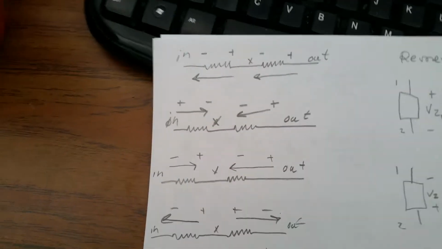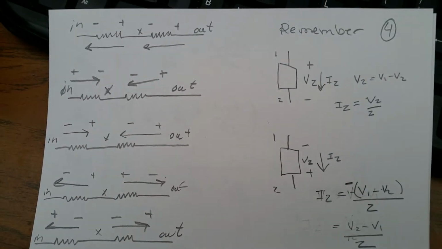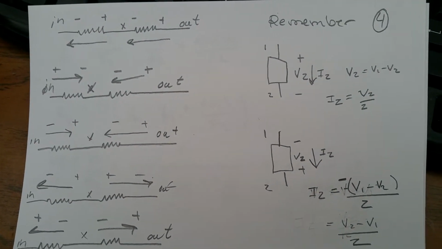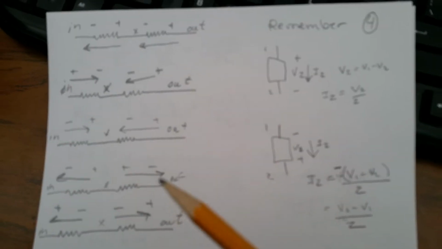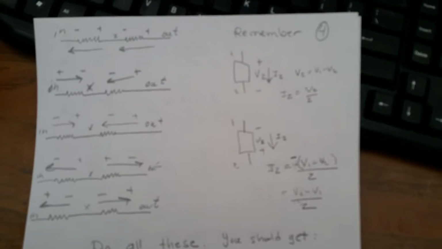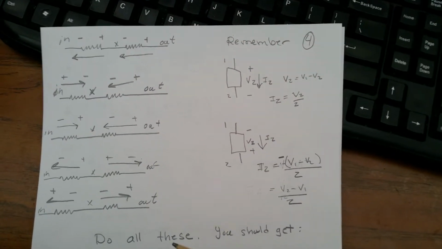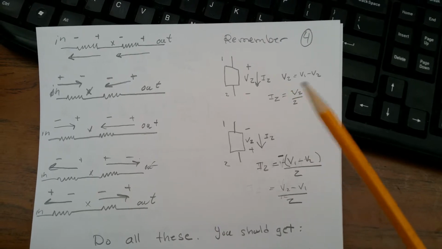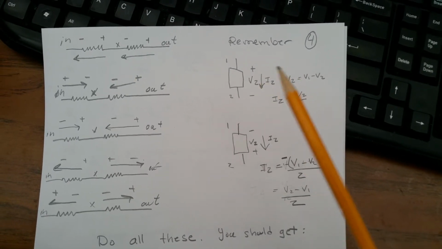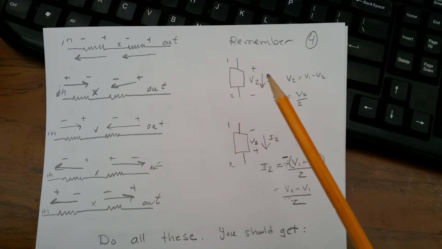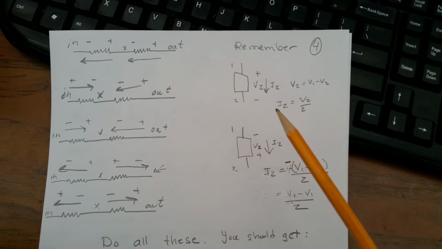And so if you are asking me how can you improve your grade or what to study for, do all of these, all right? Because you're going to get the same answer, but if you do them that many times, you can't possibly make a mistake with it anymore. But remember, we have Ohm's law, the current flowing from positive to the negative.